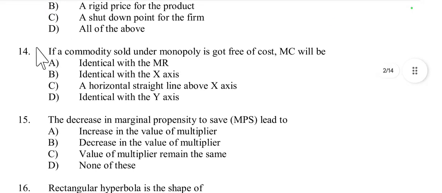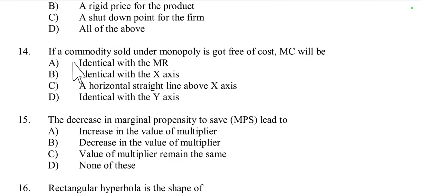Then question number 14: if a commodity sold under monopoly is got free of cost, then MC will be identical with MR, identical with x-axis, a horizontal straight line above x-axis, or identical with y-axis.